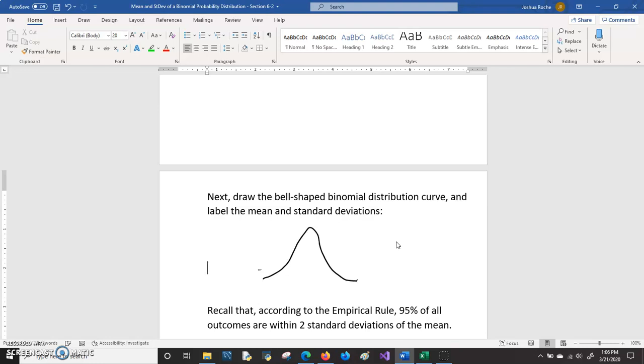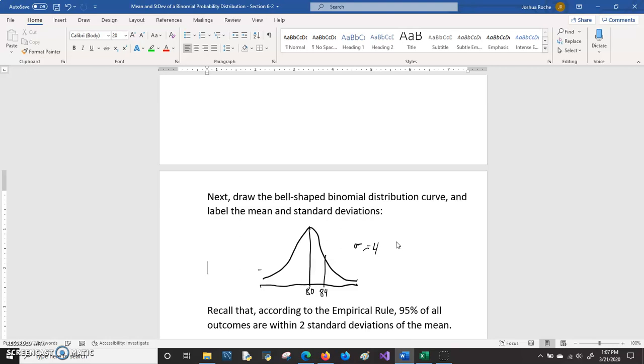It looks a little bit like that, trying to replicate how it looks on that graph. We know that the mean is 80. We just calculated that. We know that the standard deviation is 4. So I'm going to measure out deviations going above and below.